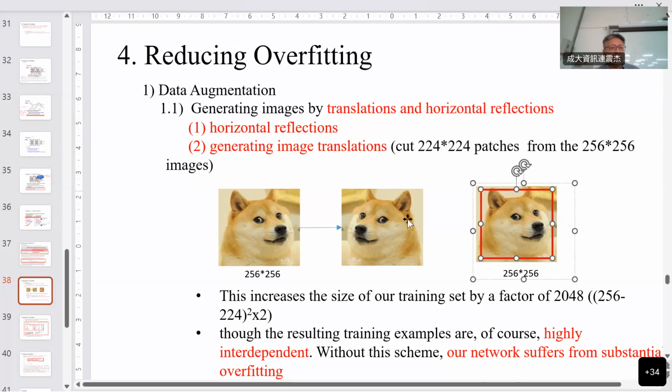That means each image can increase 5 times. With the mirror, the total image count becomes 10 times more than before.